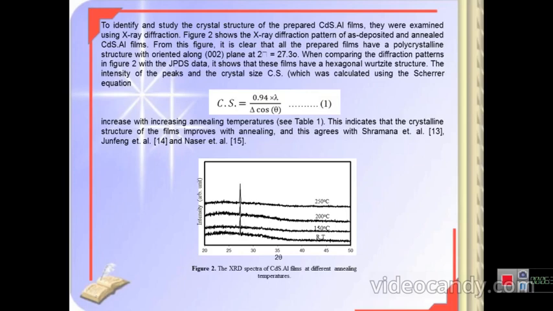It shows that the films have a hexagonal wurtzite structure. The intensity of the peak and crystal size were calculated using the Scherrer equation and show an increase with annealing temperature, as shown in Table 1. This indicates that the crystal structure of the films improved with annealing.